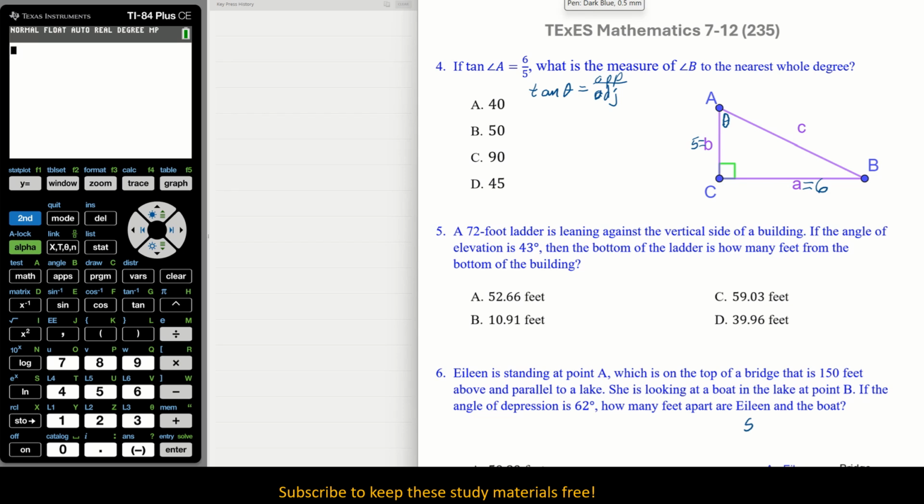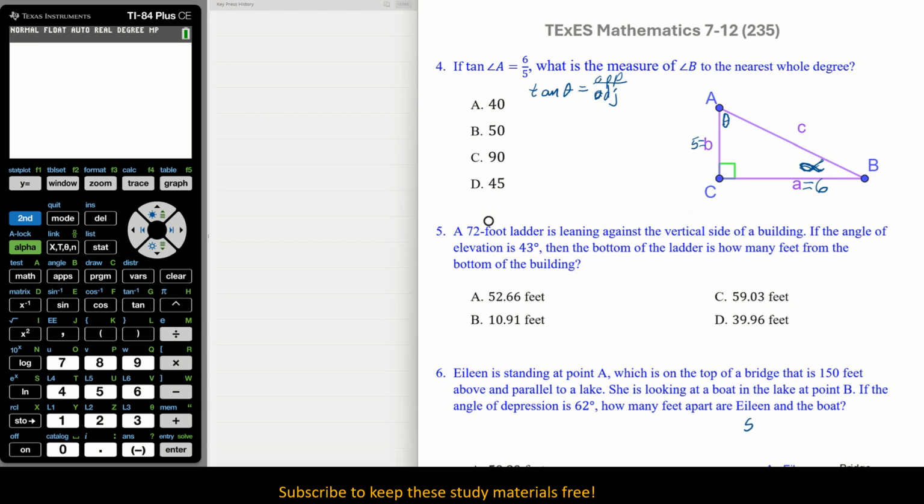Now they're not asking for A. So what do we need to do to get, okay, I'll call this alpha. We need alpha. Okay. So we actually just use the inverse tangent and flip. Instead of 6 over 5, we have 5 over 6. And that actually will work.